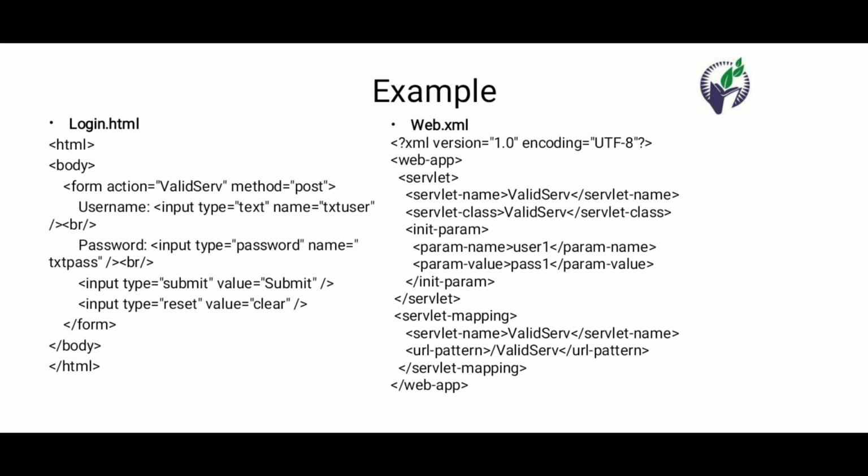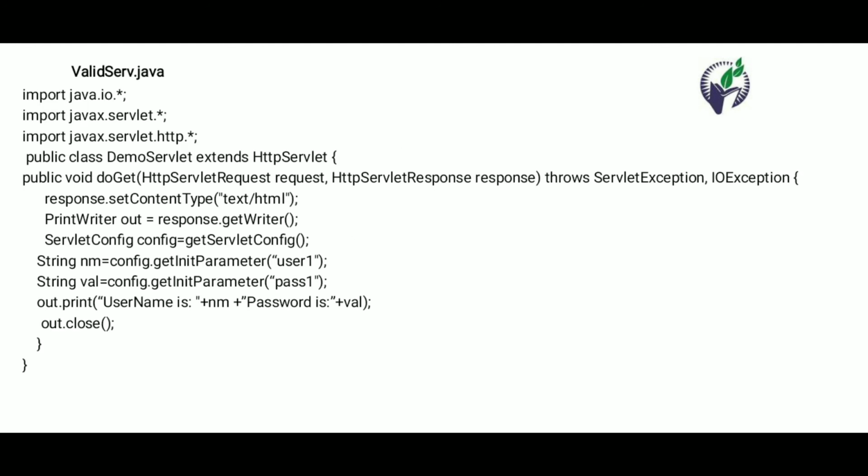Now in the web.xml file we set the init parameter, that is the parameter name as user1 and the parameter value as password1, along with the servlet and servlet-mapping tags. So using web.xml you can set the initialization parameter.